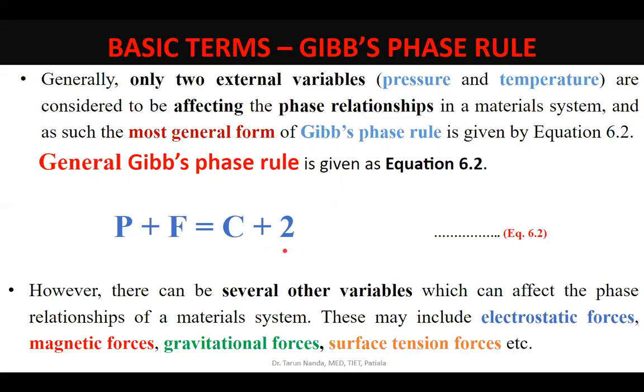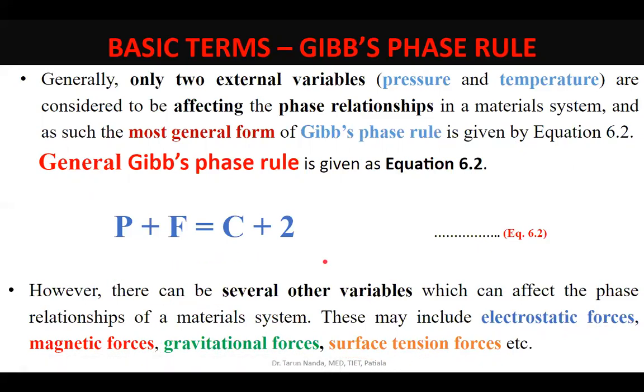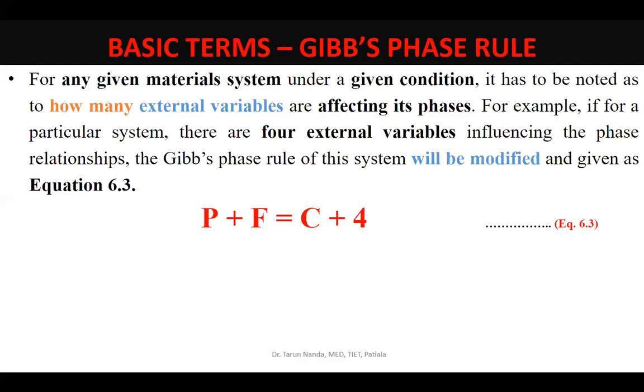If in addition to temperature and pressure, any of these variables is also significant, the equation will get modified, and we'll state the Gibbs phase rule under special equilibrium conditions. For example, let's take a case where 4 external variables have become significant, and on changing them the phase relationship can get affected. So in that case, for this type of material system, the Gibbs phase rule would be P plus F is equal to C plus 4.